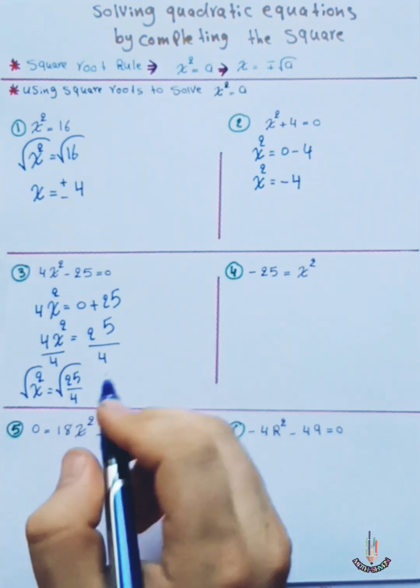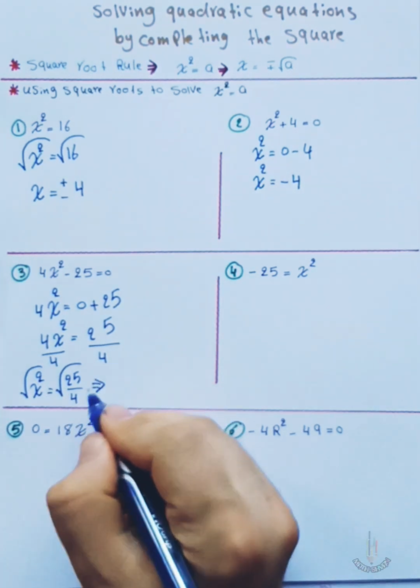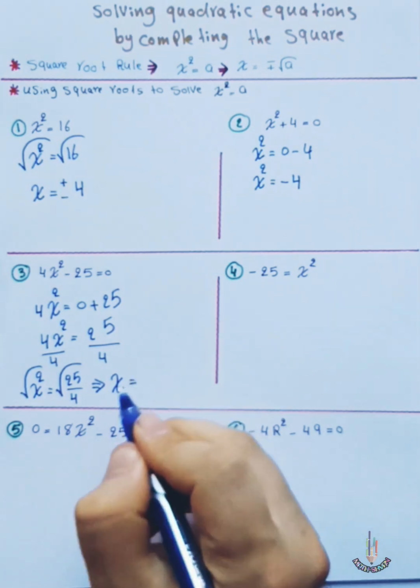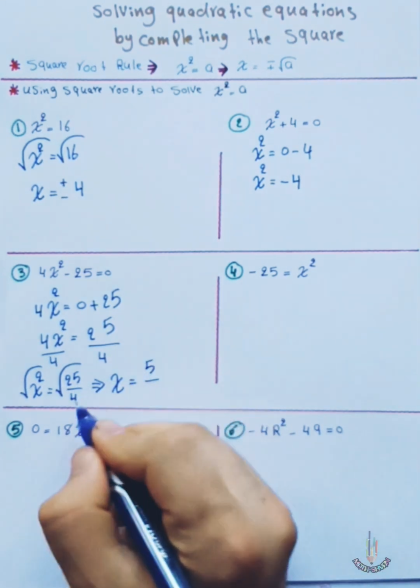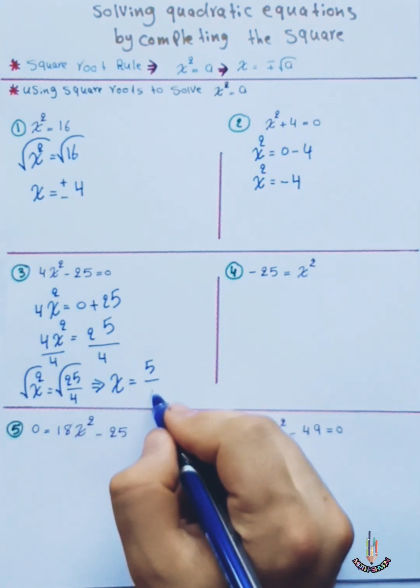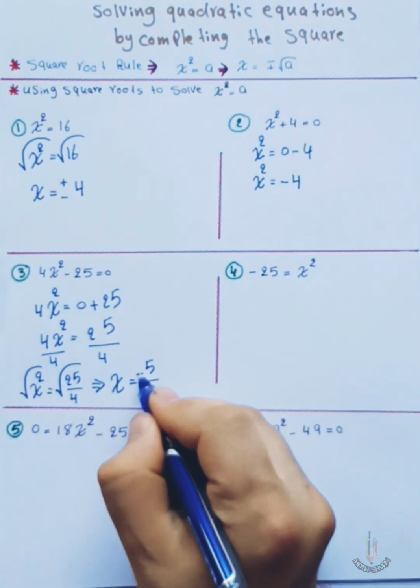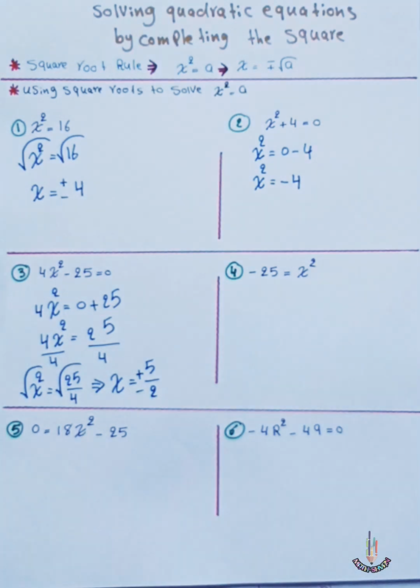So x equals the square root of 25 over 4, where the square root of 25 is 5 and the square root of 4 is 2. So we have positive or negative 5 over 2.